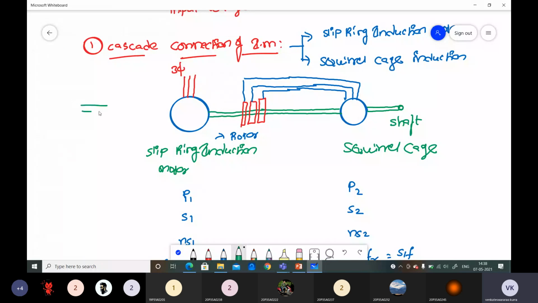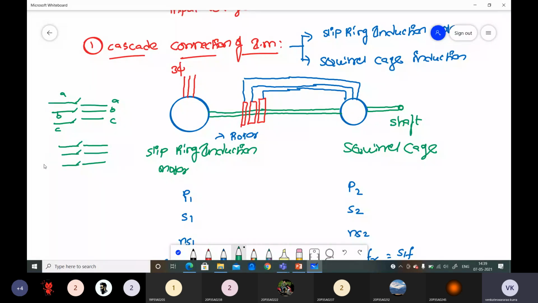Suppose these are the 3 terminals of this slip ring induction motor: this one is A, this one is B, this one is C. The supply phase sequence is also A, B, and C. So this is for the first induction motor, and coming to the second induction motor, the output of the slip ring induction motor is connected to the stator of the squirrel cage induction motor. Here also we apply the same phase sequence.